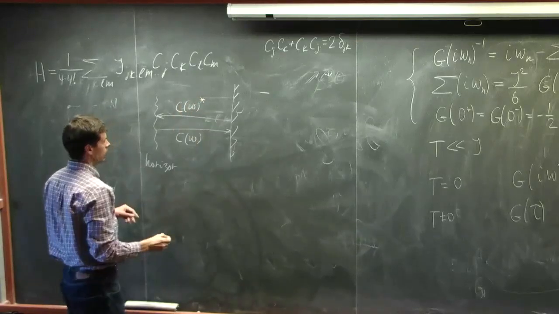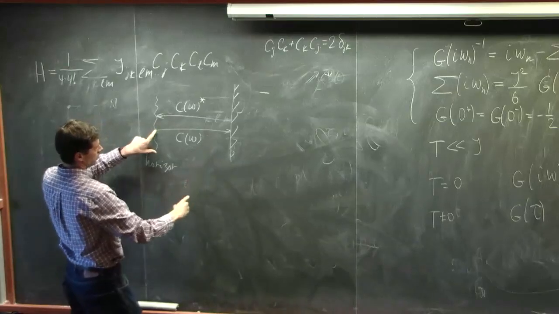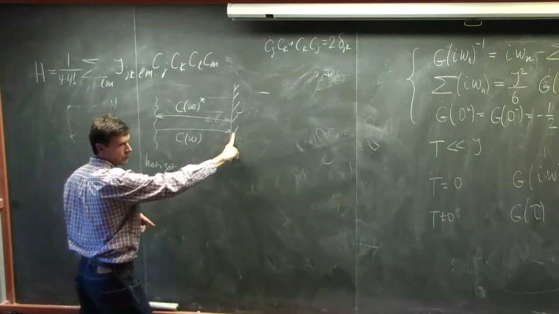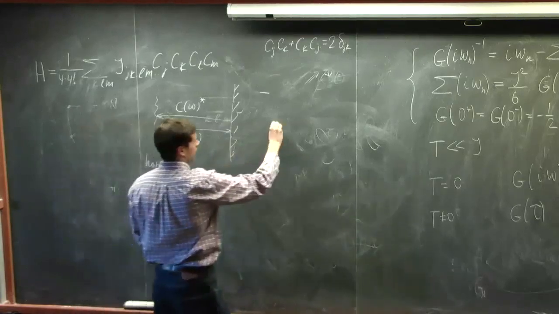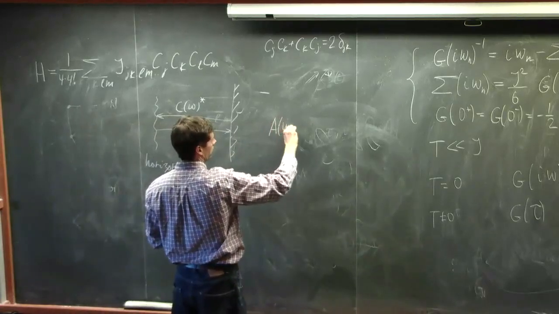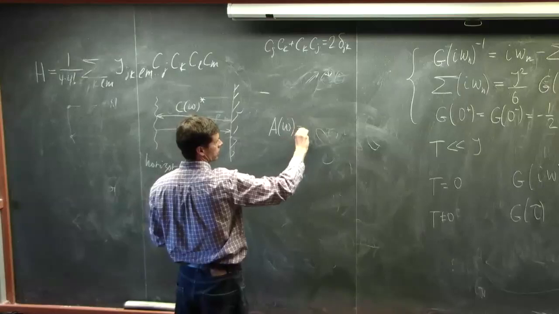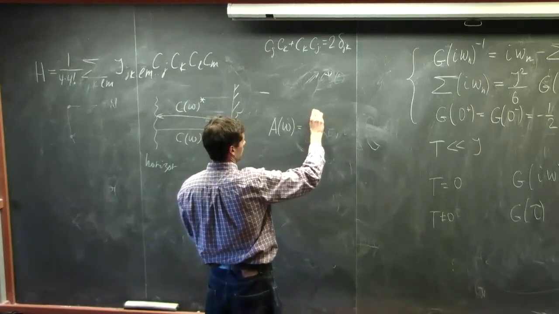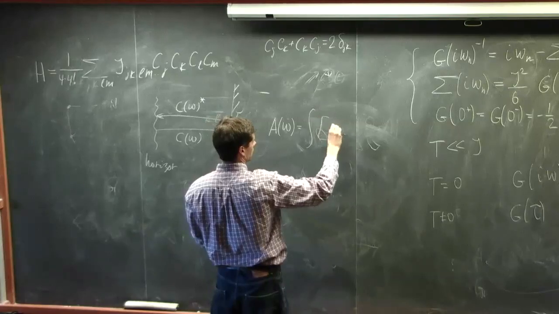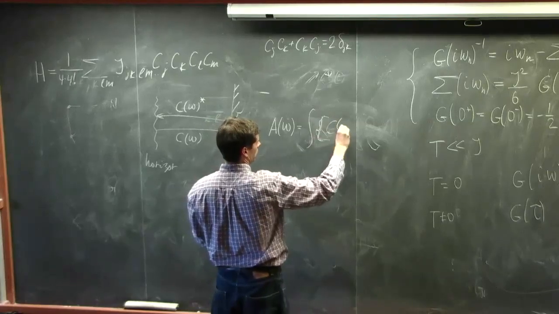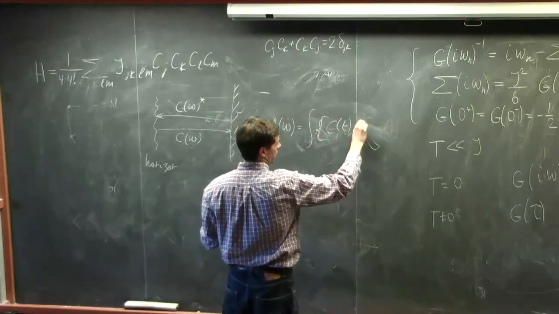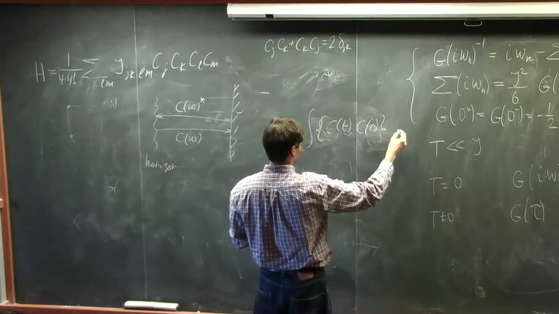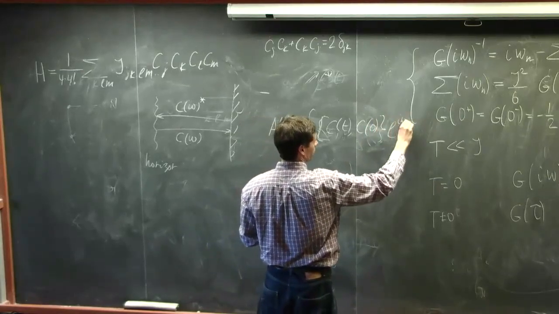So the signal near the horizon is C of omega times the signal at the boundary. And in particular, A of omega, this is the spectral density, which is defined by the anti-commutator. I'm sorry for doing this very technical thing.